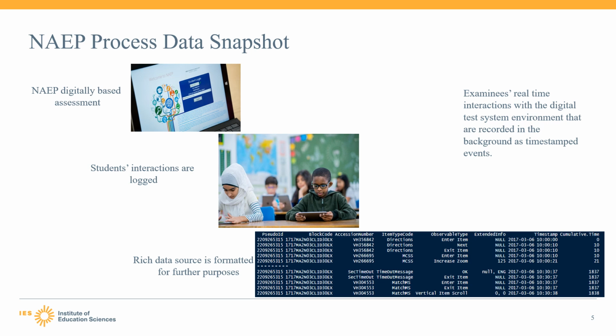For each action, accompanying information is logged, such as the timestamp and item type, for example, multiple choice single select. Thus, there is a traceable receipt for each student's assessment experience. This data is then formatted for further purposes into an easier-to-read data file, where an example is included in the bottom right corner.